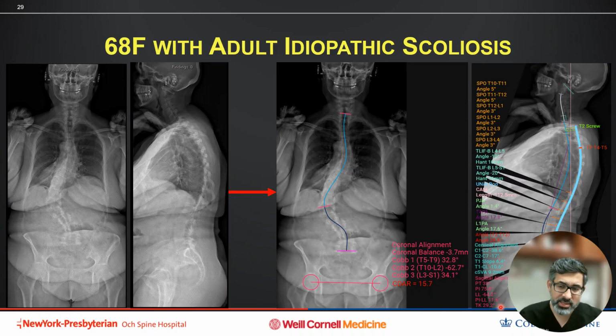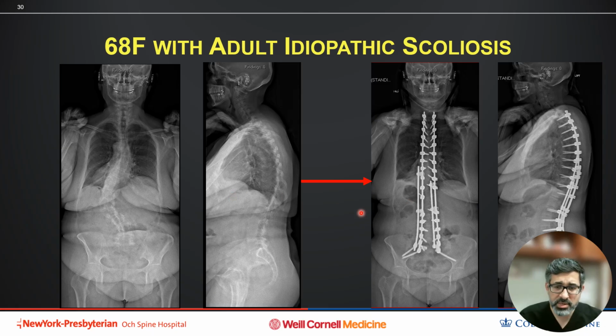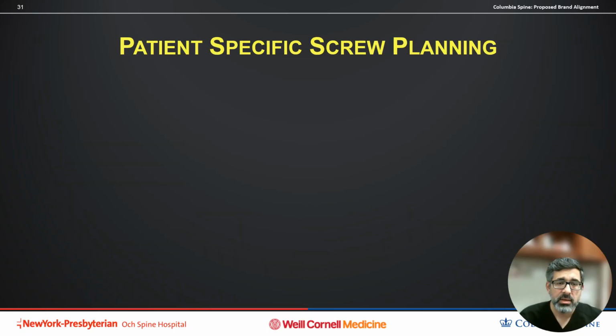And so that's where having these patient-specific rods and implants becomes so important, because you can plan every single part of the alignment, and then you can execute that because the rod is made to that shape. So here's this patient before surgery and after surgery. Again, we got really good alignment. Patient's very happy with this.